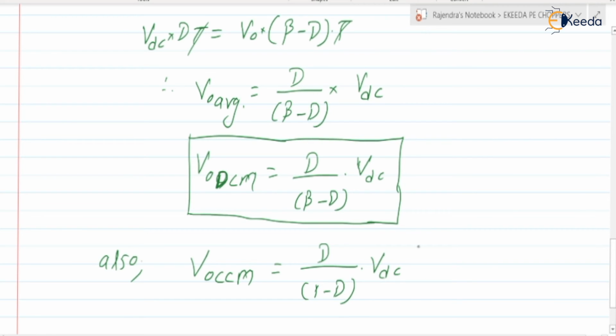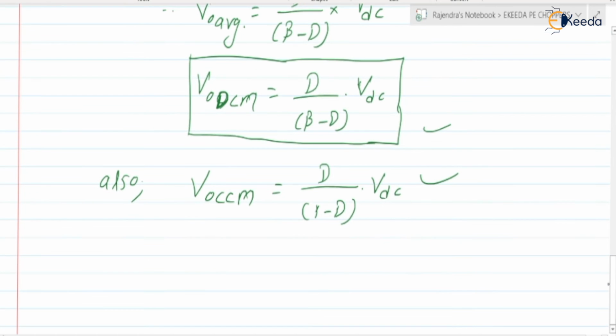Now if you compare these two expressions, in the denominator here we have 1 minus d, and here it is beta minus d, and definitely beta is less than 1. So can we say that this denominator will be less than that of the continuous conduction mode? Yes, so the important conclusion is that V0 in continuous conduction mode will be less than V0 in discontinuous conduction mode.